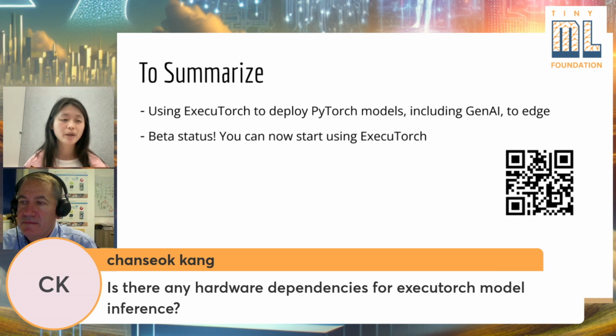When we talk about running an ExecuTorch model for inference, usually the user will have some hardware in mind. If the user wants to target iOS, that totally works. If the user wants to target Android, that works. And if the user wants to target Raspberry Pi, that works as well. But the ExecuTorch runtime is designed to be portable. It's supposed to run anywhere.